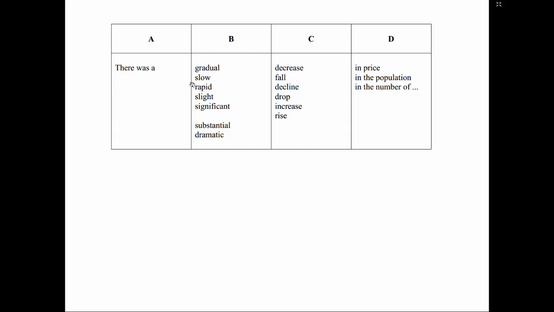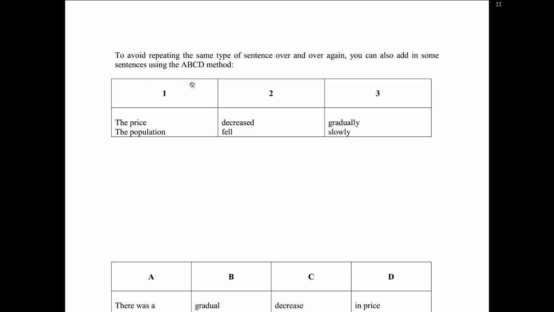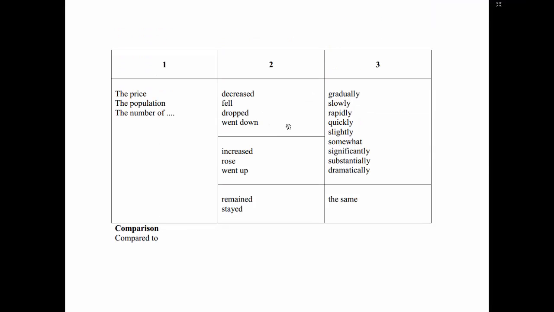And you have to make these kinds of sentences if you're going to be able to get a good score. So for example, again, the price fell gradually. Okay, the population decreased slowly. This is the kind of language that you have to use to be able to get a good score. The population dropped quickly.